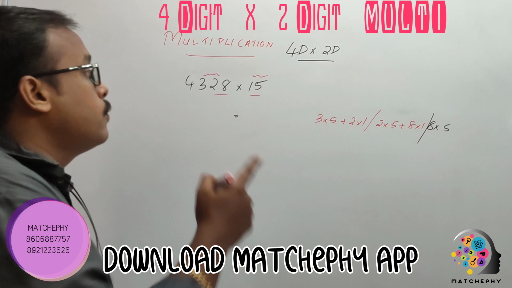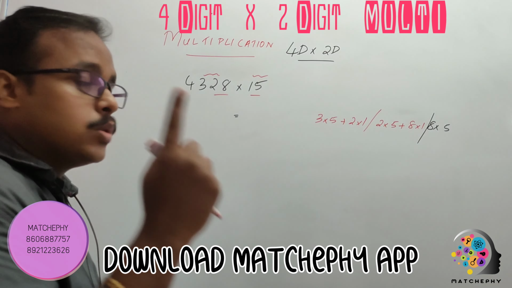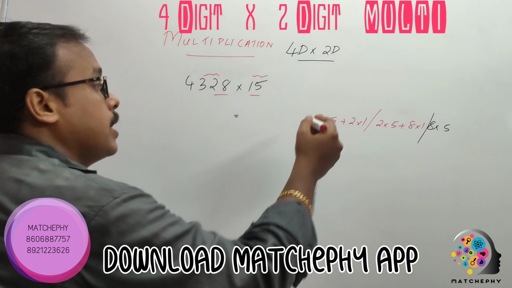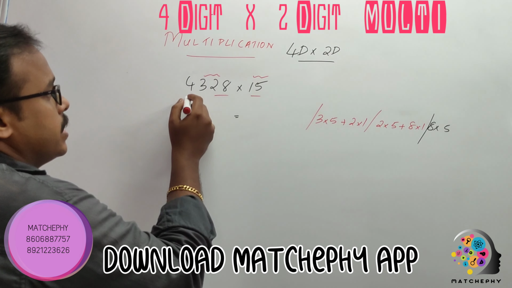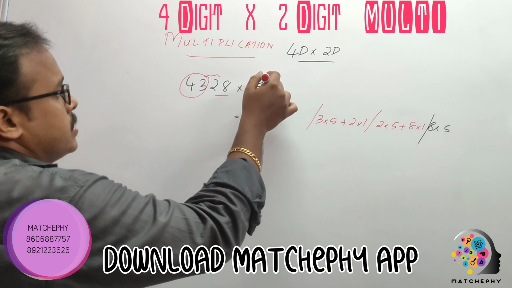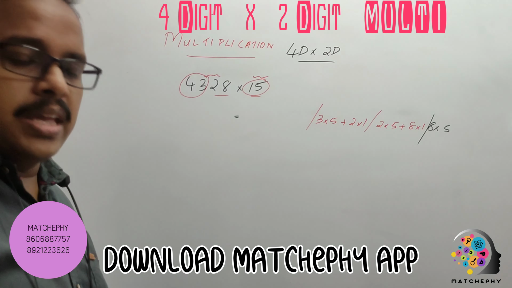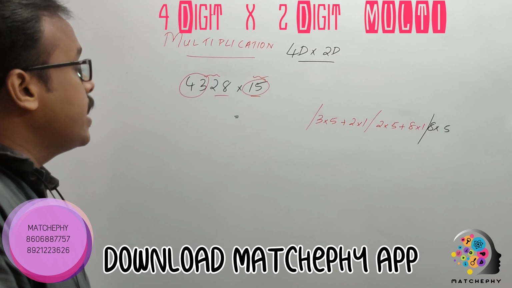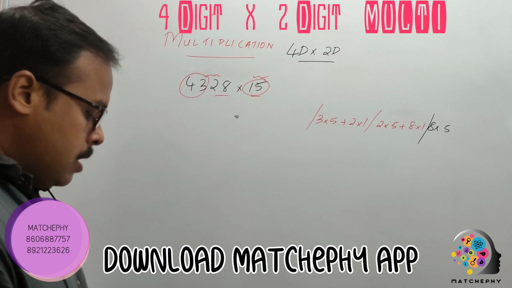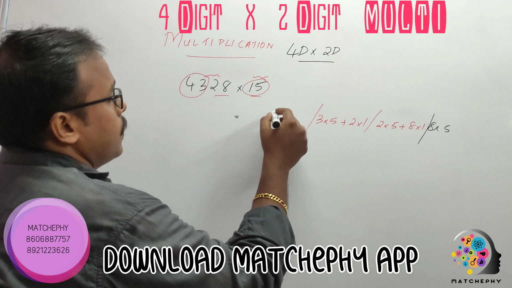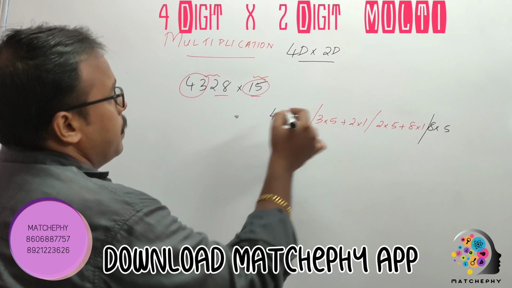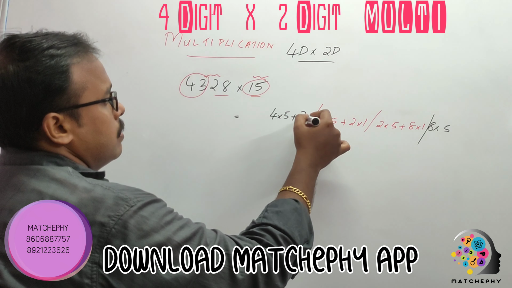And this is a 4 by 2 multiplication, so I told you one more pair will be added. That's the only difference. Very easy. The last pair is 43 into 15: product of extremes, 4 into 5, plus 3 into 1.